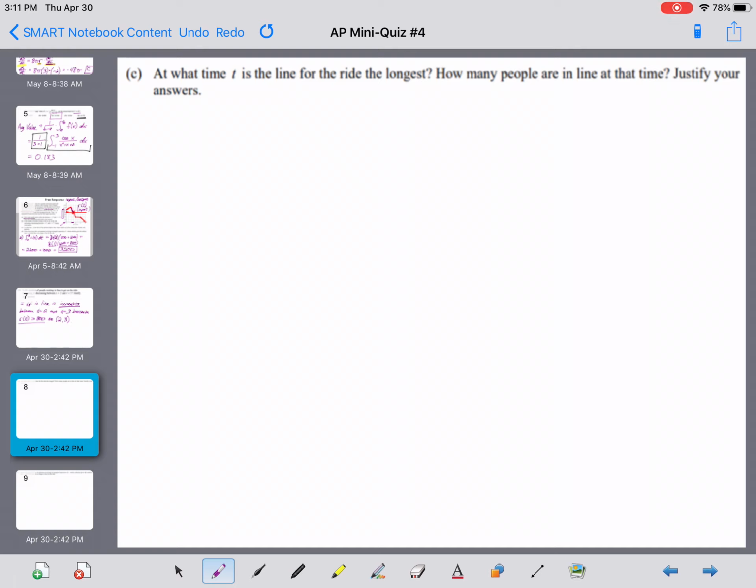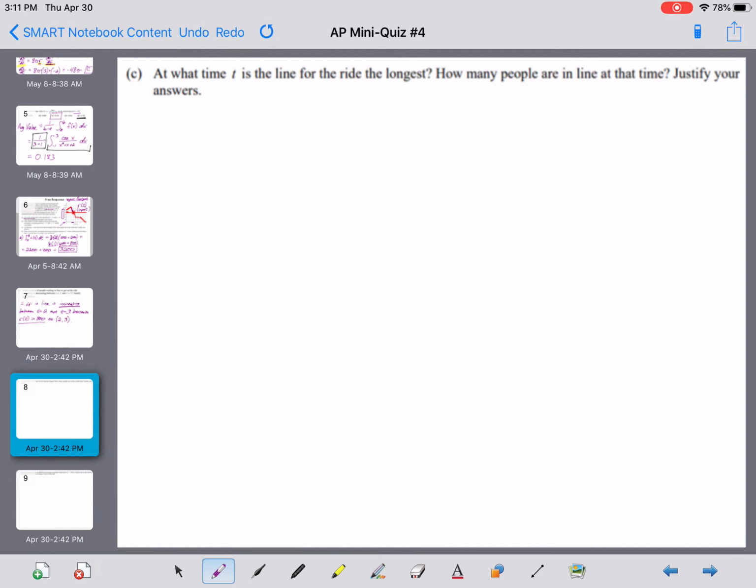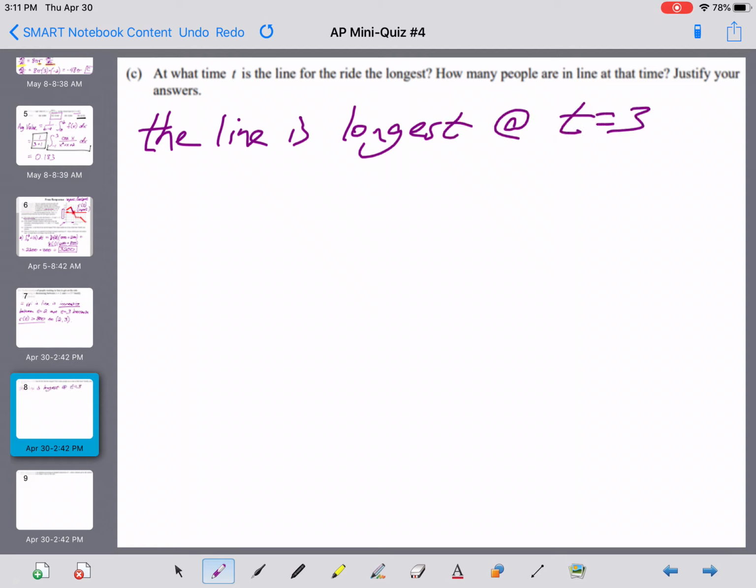So let's read part C again. At what time t is the line for the ride the longest? So let's take a look at what we had right here. So I think we can say here the line is longest at t equals 3. Now they did ask us to justify our answers, so I think we better explain why.